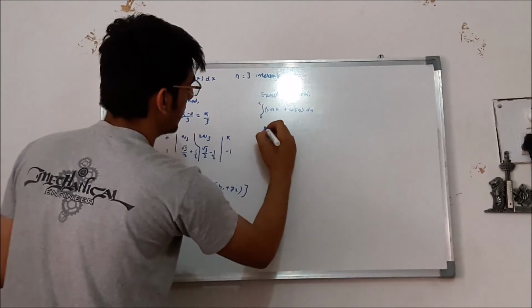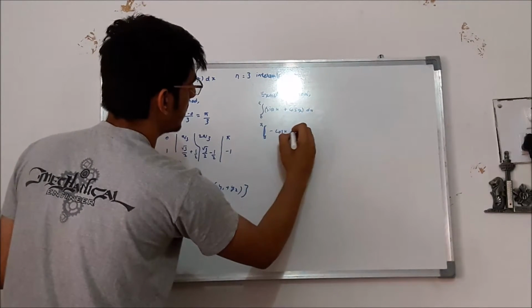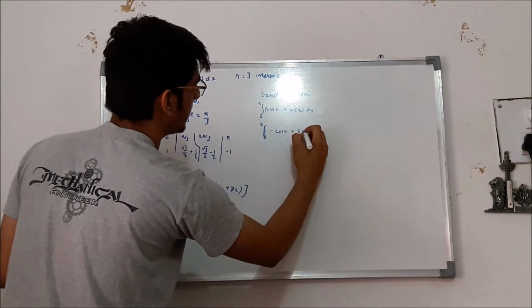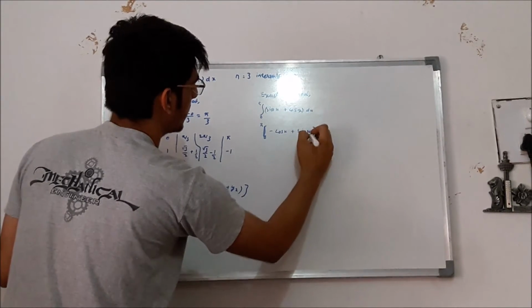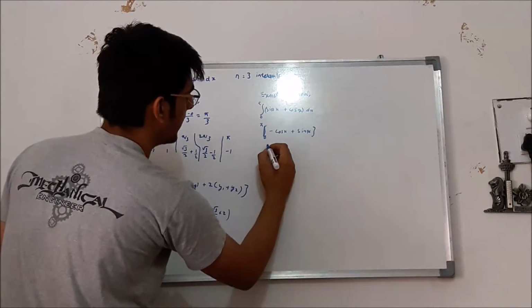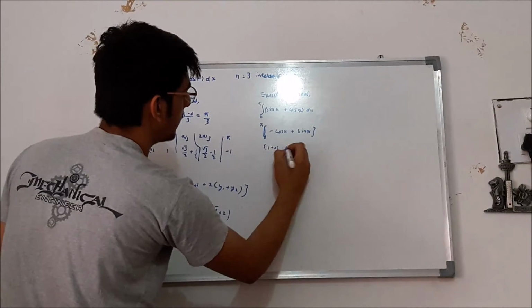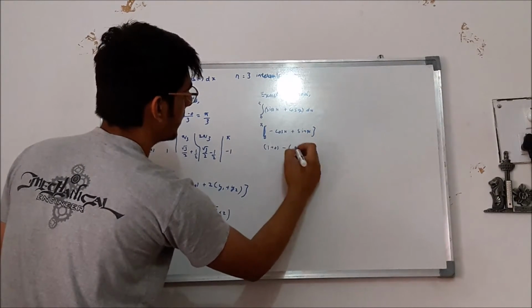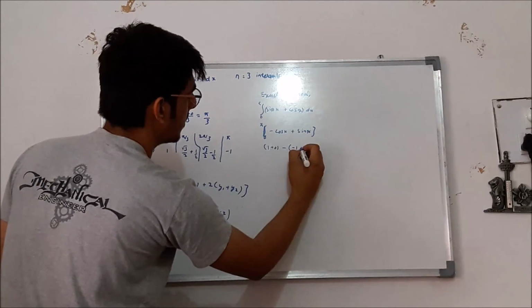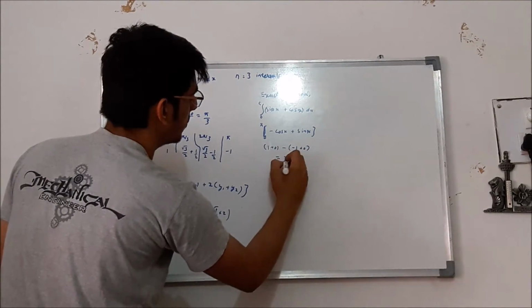That will be, from 0 to pi, the integration of sin x is minus cos x, plus the integration of cos x is sin x, between the limits 0 to pi. So first putting pi, we will get 1 plus 0, minus, in 0 we will get minus 1 plus 0. So that is equal to 2.